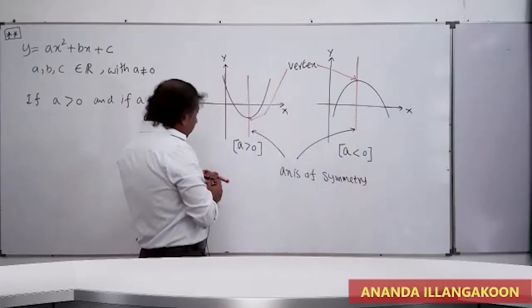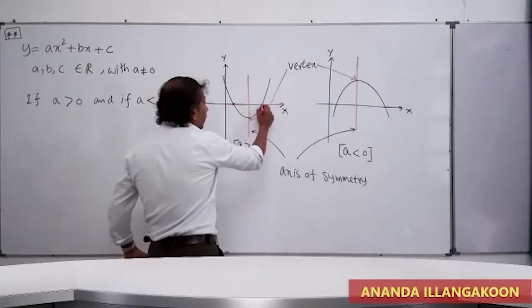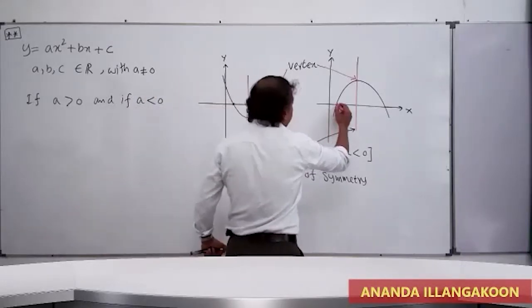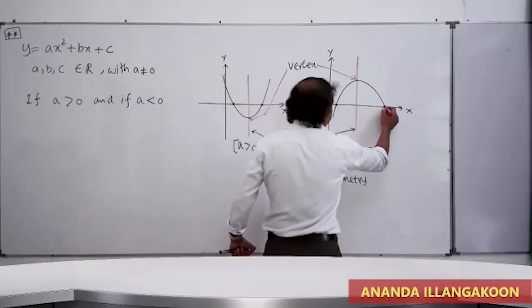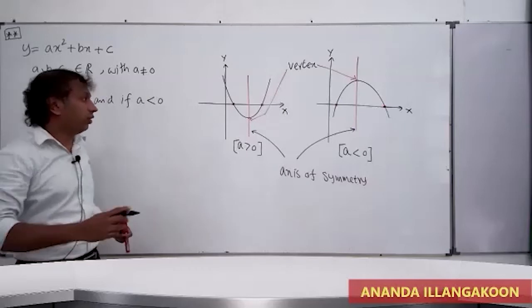People, the x coordinates of the points where the graph cuts the x-axis are called what, people? The roots. These are called the roots.